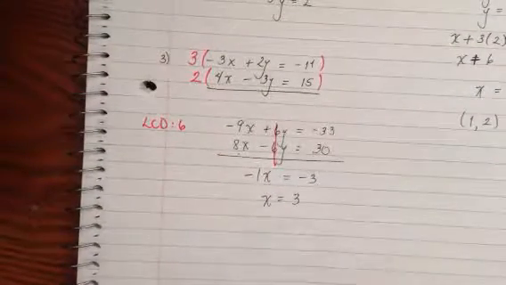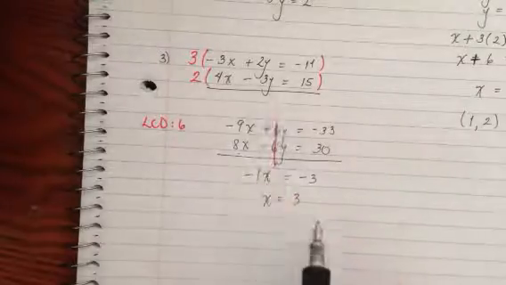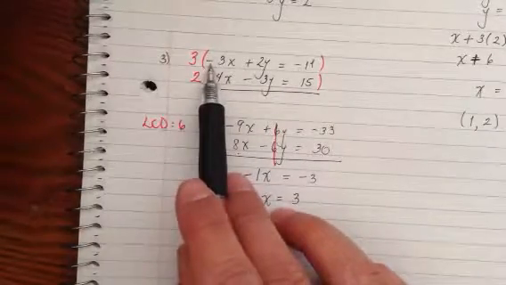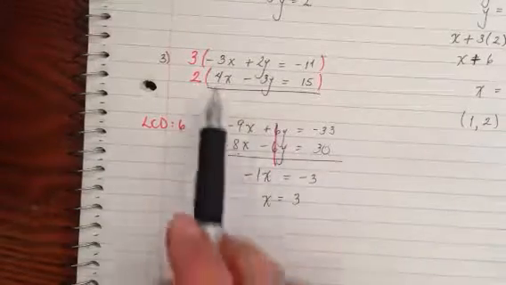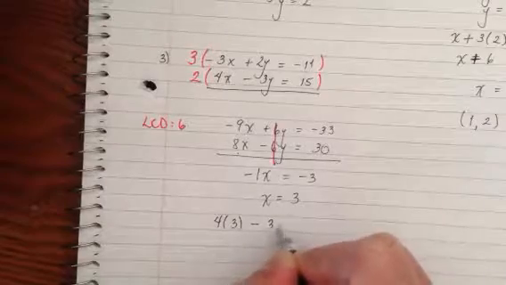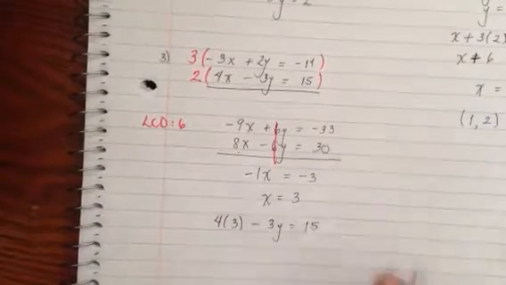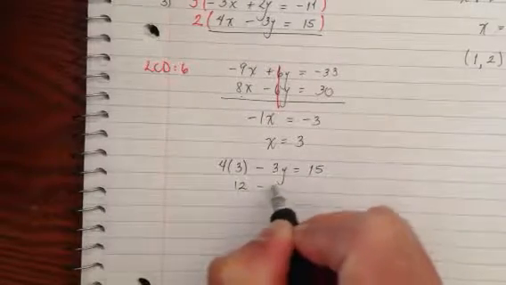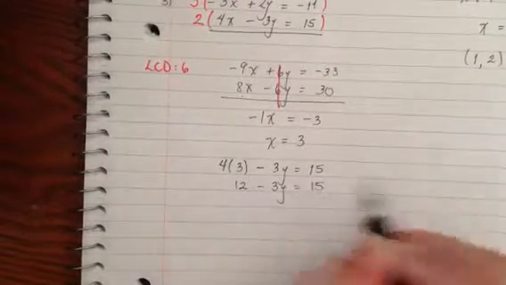Now, we got to go ahead and solve for the y. I think I'm going to use this guy here. I don't really like this negative in front of the 3. So, 4x, 4 times 3 minus 3y is equal to 15. Okay. So let's keep going. That's going to give me 12 minus 3y is equal to 15.